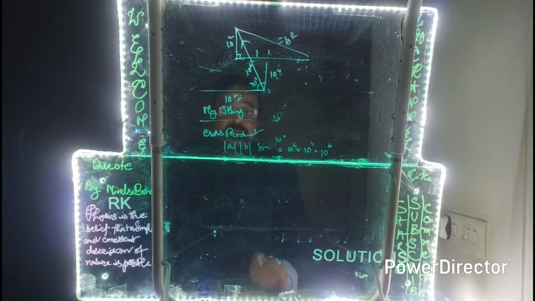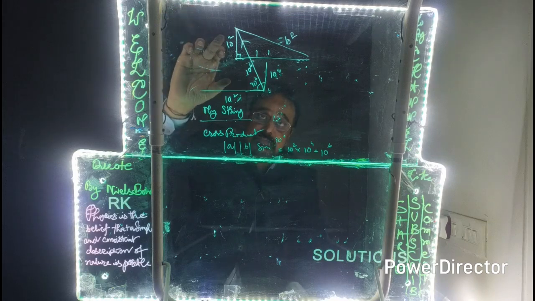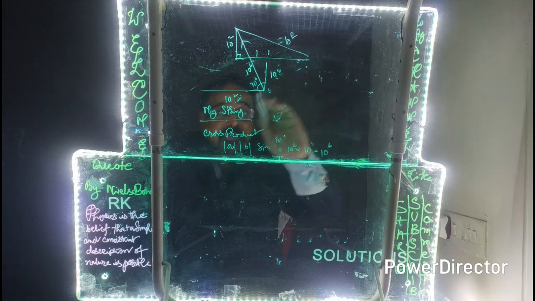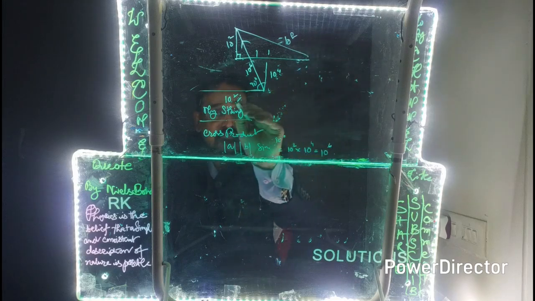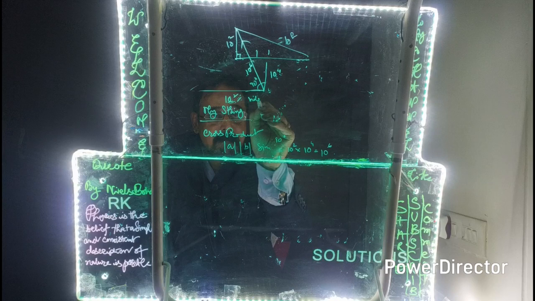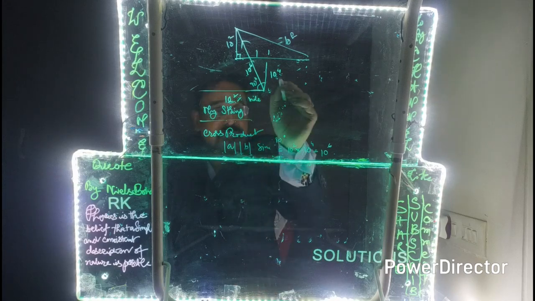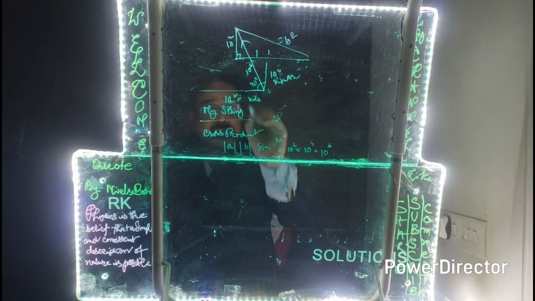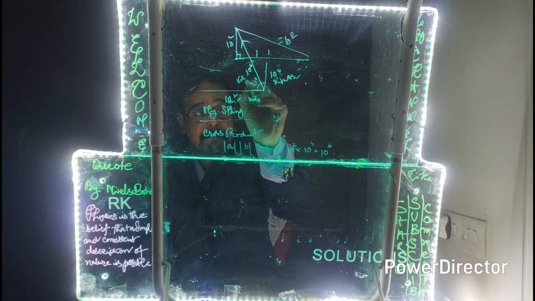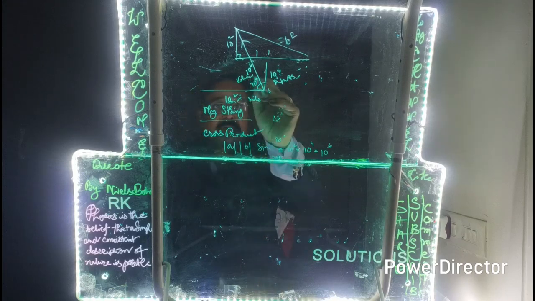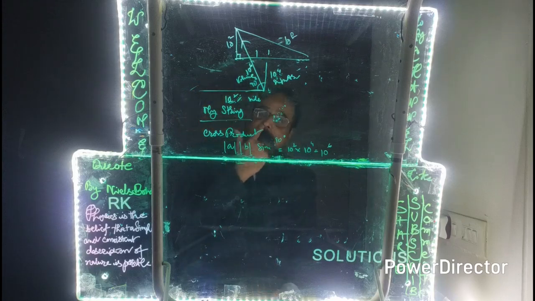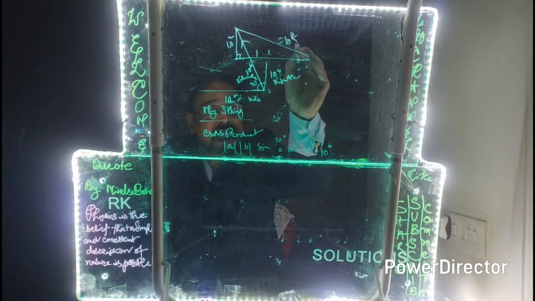What I mean is, you go on building this 10 raised to 8. Before building that, this is the surface area, this is the volume, and if you take 10 raised to 6 and 10 raised to 2 again, the product will yield 10 raised to 8.